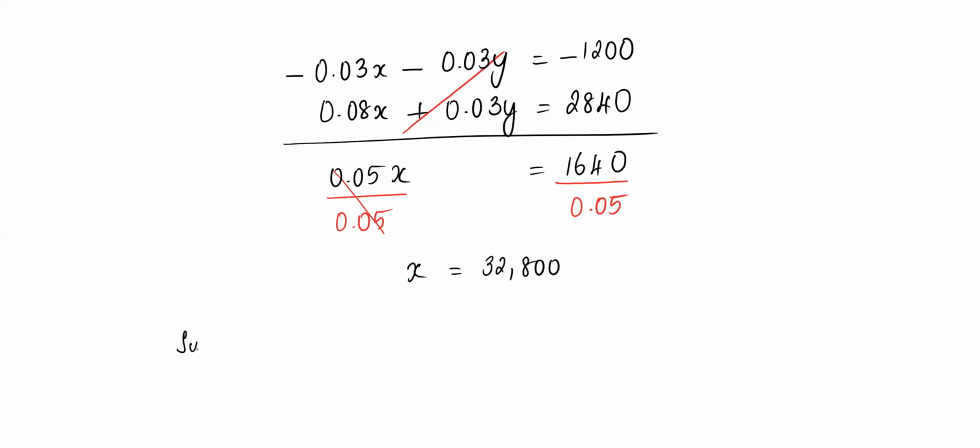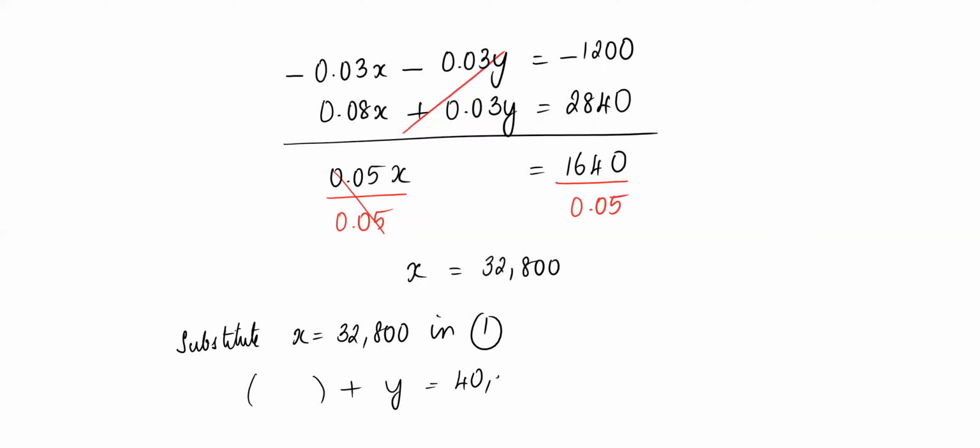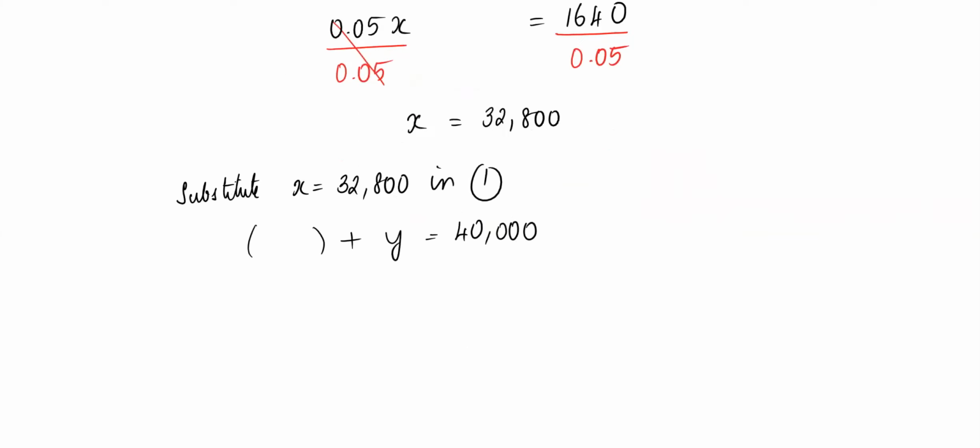And then substitute X equals 32,800 in equation 1. They must add up to 40,000. So you can already see that we have to subtract this amount from the 40,000. Let's plug in 32,800.